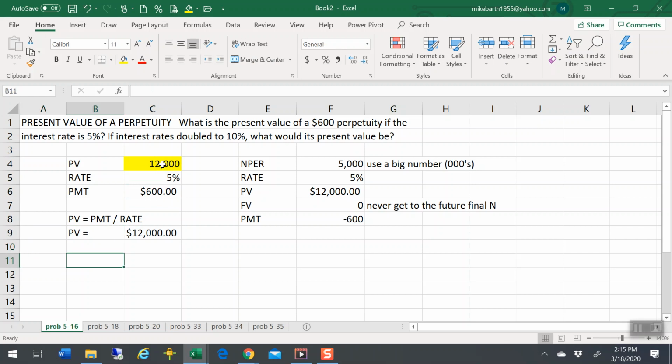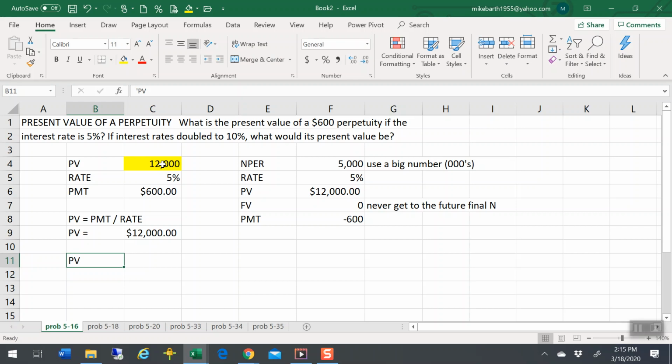Similarly, if you know 2 of the 3 numbers for a perpetuity, you can get the other. For instance, if you know the present value and you know the rate, then you could solve for the payments.